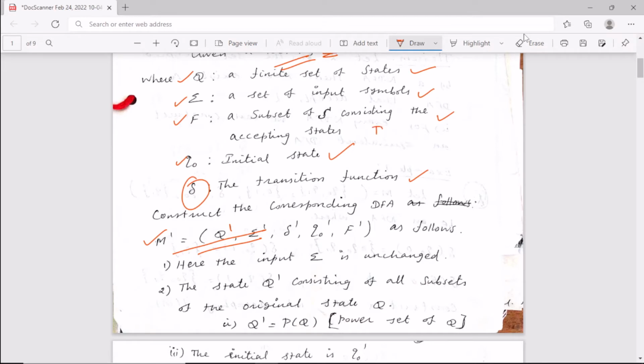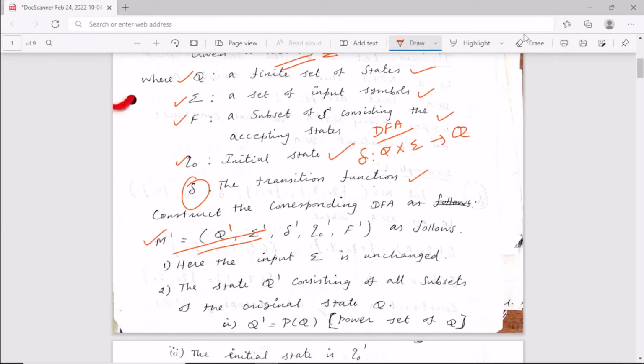In case of DFA, your delta is a transition function from Q cross sigma to Q, which means in the current state, by reading an input symbol, there exists only one unique state. By reading an input symbol, you can go from the current state to the next state.